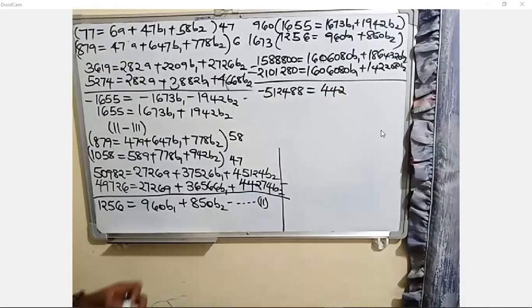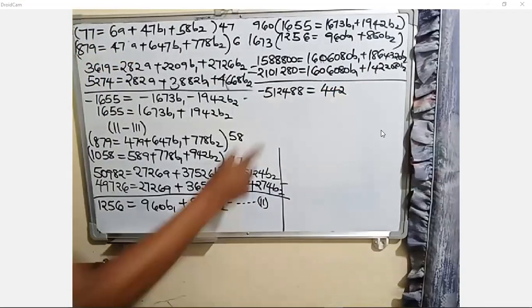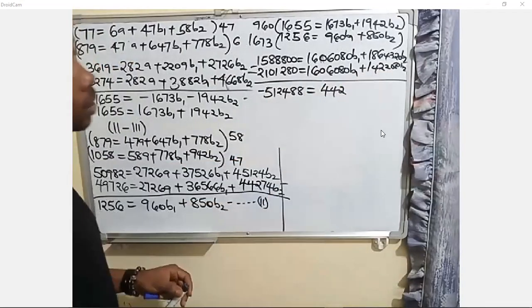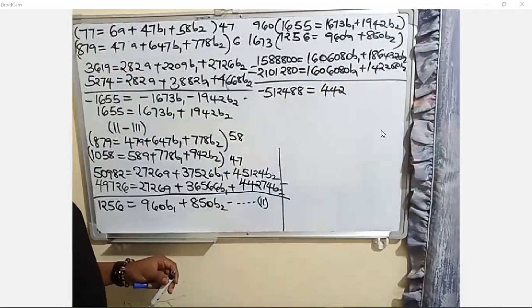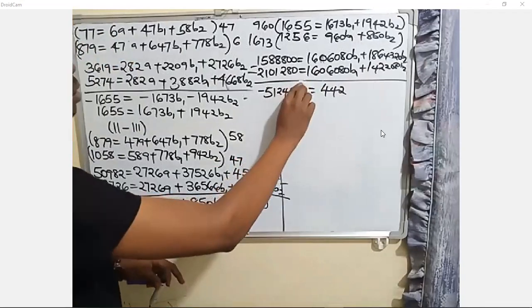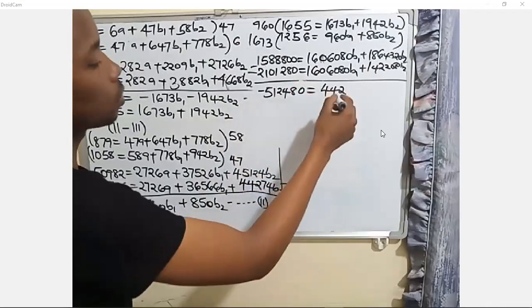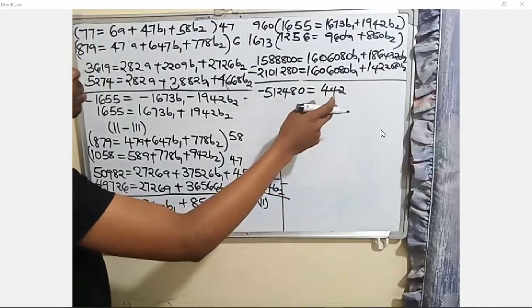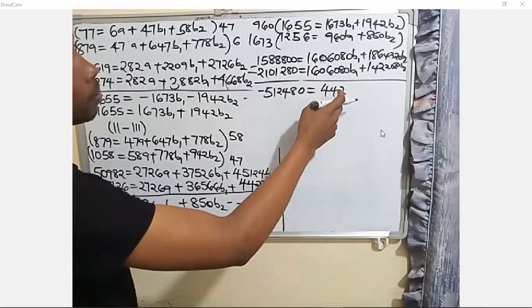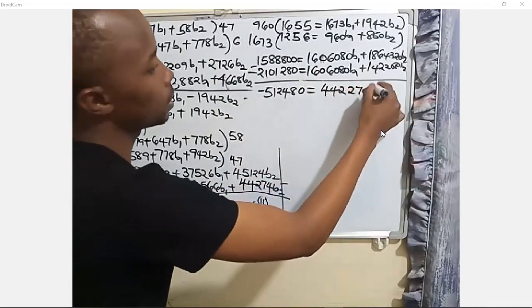Unless nimefanya vitu zangu. This one or the one, the last one? That one, the negative one, 512. It should be? 512, 480. Not 488. Thank you. 480, yes. Is equals to 442 To 70. 270 B2.